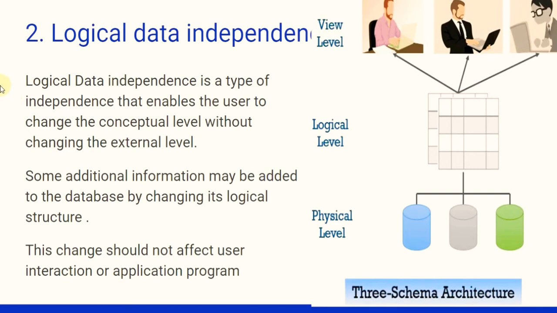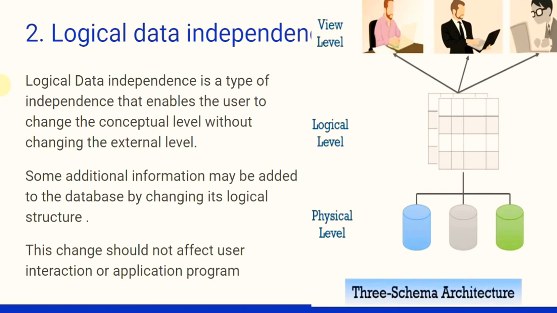Logical data independence is the type of independence that enables the user to change the conceptual level without changing the external level. Some additional information may be added to the database by changing its logical structure. This change should not affect user interaction or application programs.